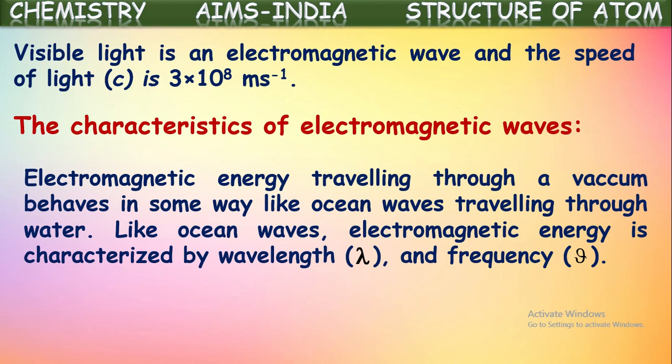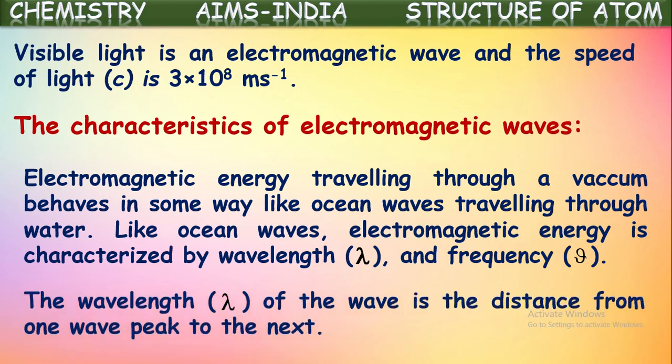What is wavelength here? The wavelength of a wave is the distance from one wave peak to another wave peak. To say it simply, the distance between the two nearest troughs or crests of a wave is called its wavelength, and it is denoted with the symbol lambda.